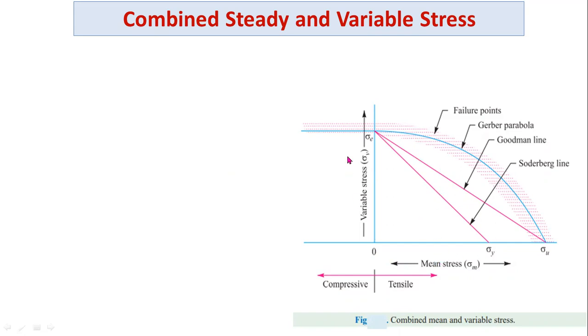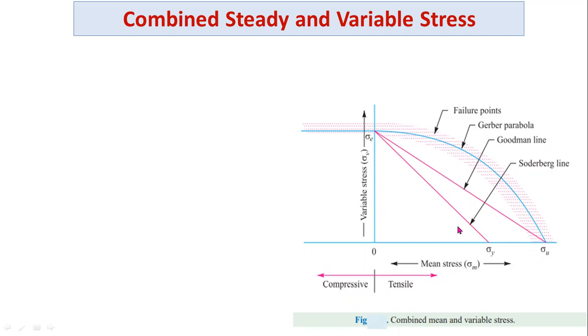This graph indicates the combined steady and variable stresses. This graph consists of mean stress sigma m, variable stress sigma v, yield stress sigma y, and ultimate stress sigma u.